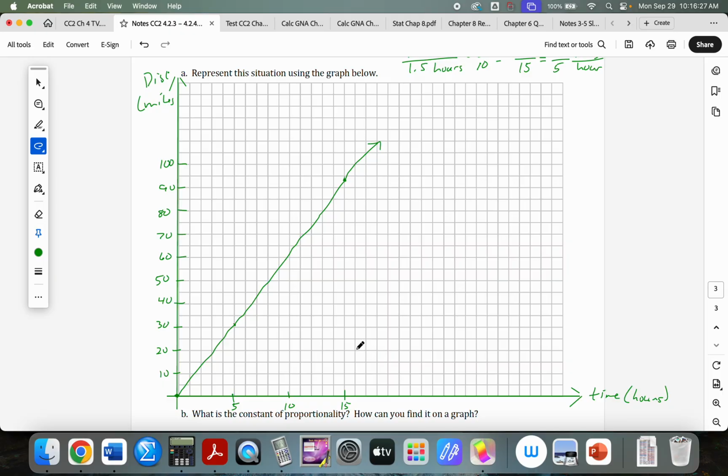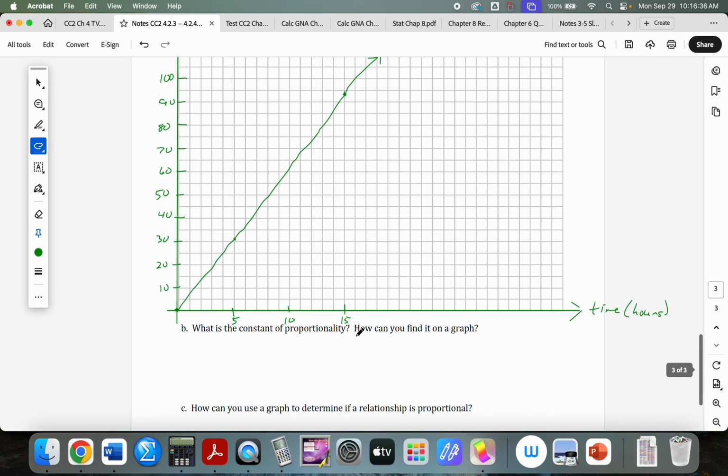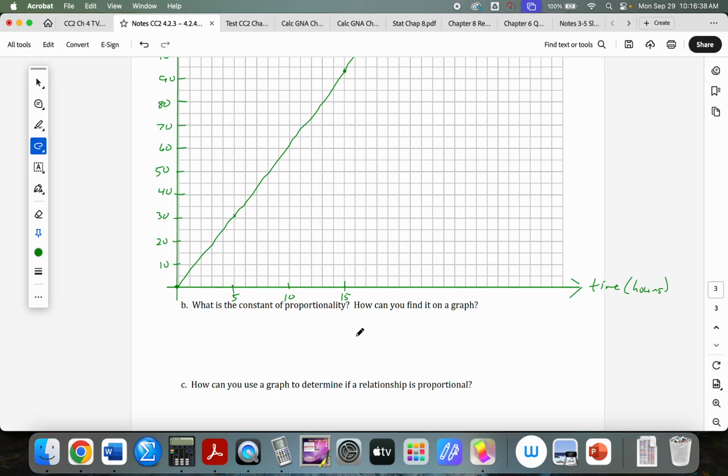Looks pretty straight to me. So the constant of proportionality for this is 31/5, which would be 6 1/5.